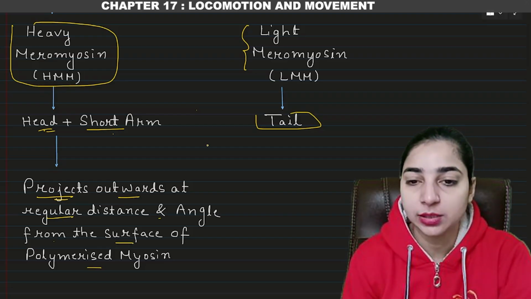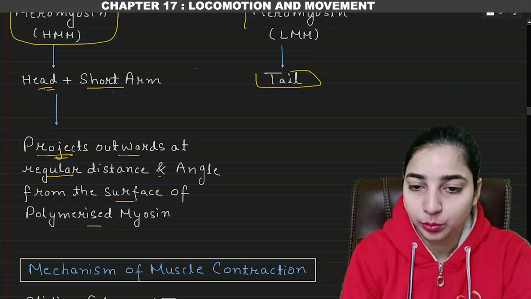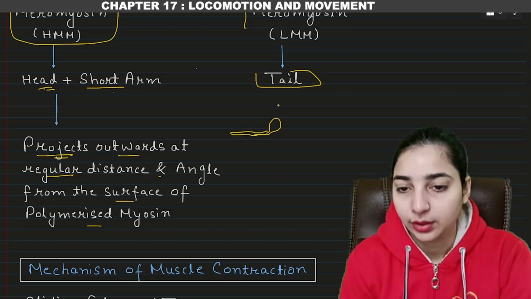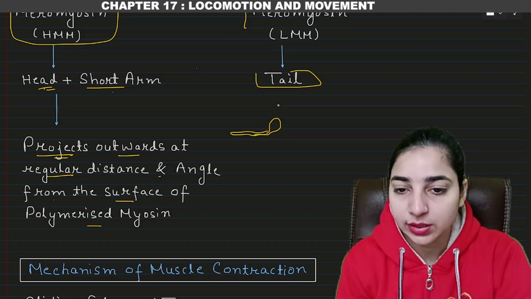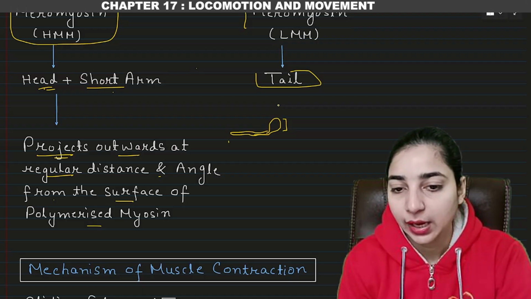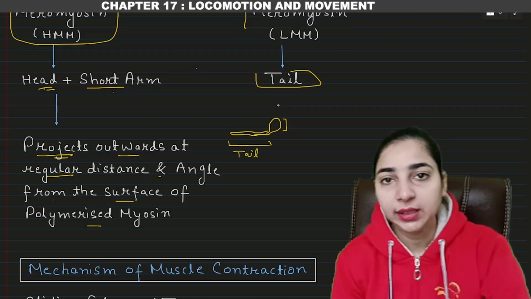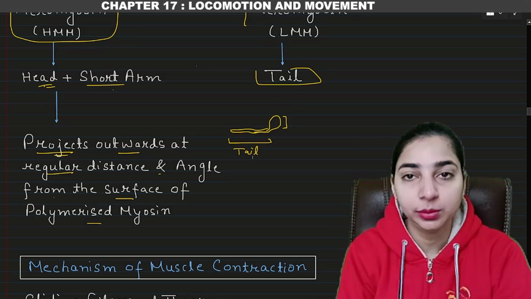of the polymerized myosin. So let me show you. Suppose this is one myosin. Can you see? This is meromyosin. Okay, that is the monomer of the myosin. So this is head and arm, and this side we have the tail. So this is the monomer. So many such monomers have to repeat many times to form the polymer, right?